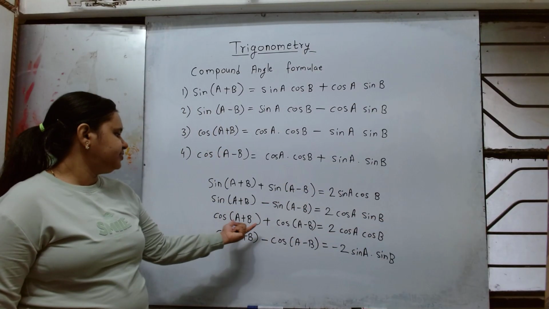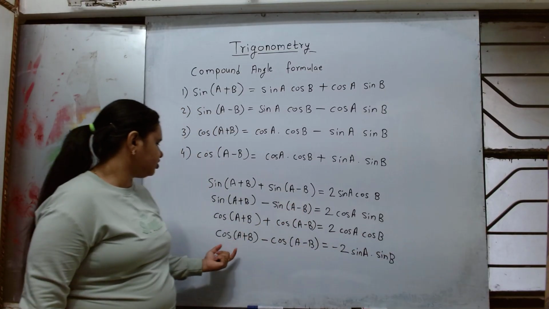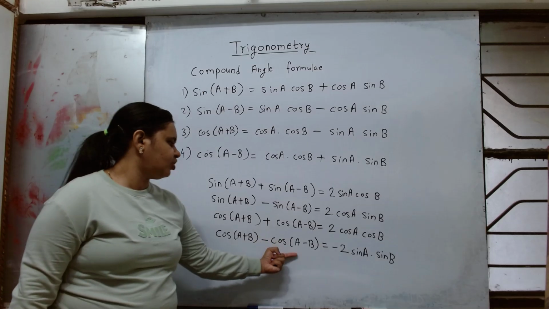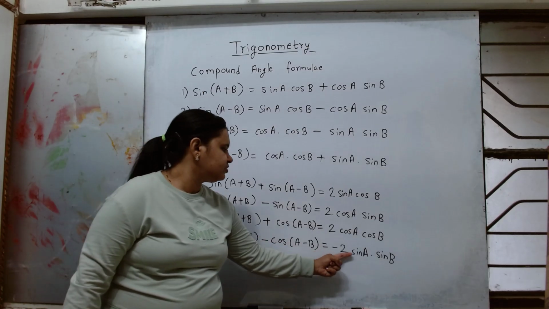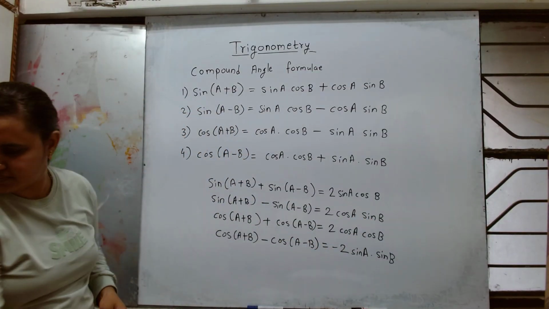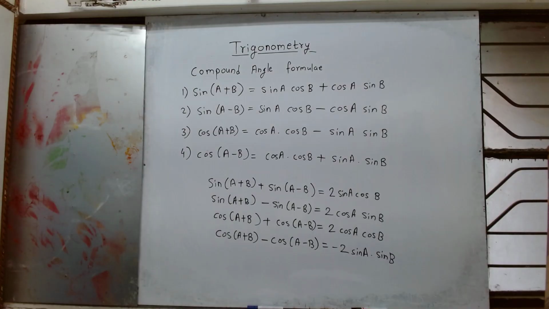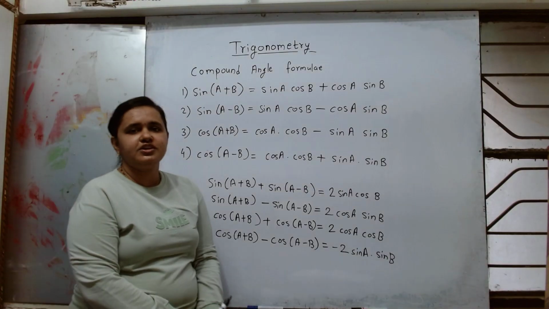For cos a plus b plus cos a minus b, 2 cos a cos b. For cos a plus b minus cos a minus b, here it is minus, minus 2 sin a sin b. These are very important formulas for this worksheet.